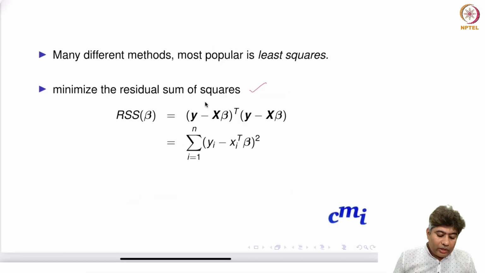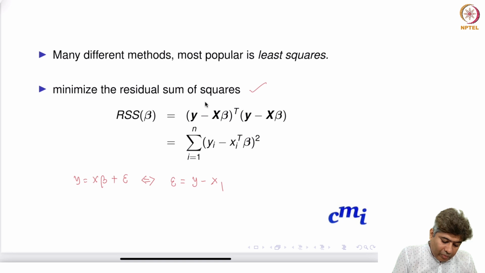The way the least squares method works is by minimizing the residual sum of squares. So why is it called the residual sum of squares? Your model is y equal to X beta plus epsilon. So you can write epsilon equal to y minus X beta.